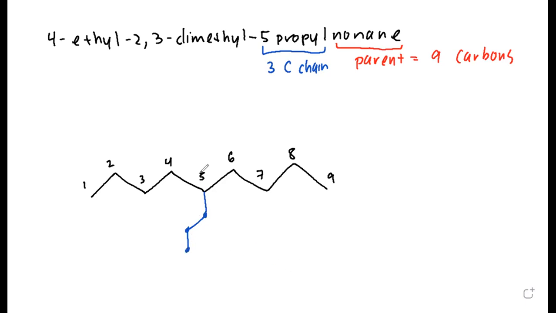So that's our propyl group at carbon 5. Next, let's do the methyl groups. I have methyl groups at carbons 2 and 3, and dimethyl means there are 2 of them. So at carbon 2, I'm going to put a methyl group. A methyl group just has 1 carbon. And at carbon 3, I'm going to put a methyl group. And those are 1-carbon chains.